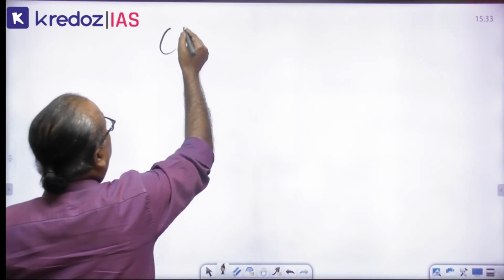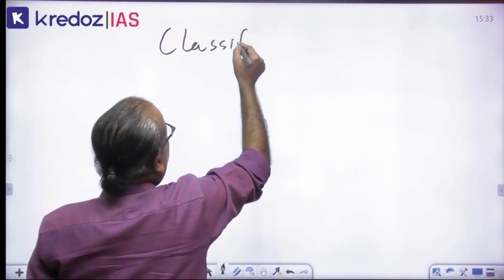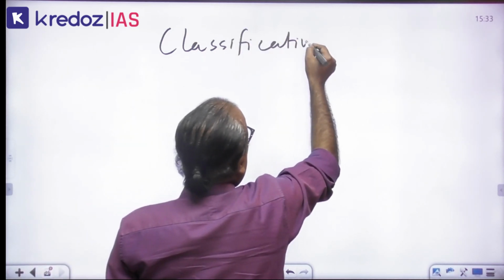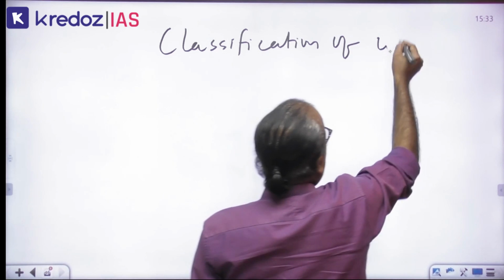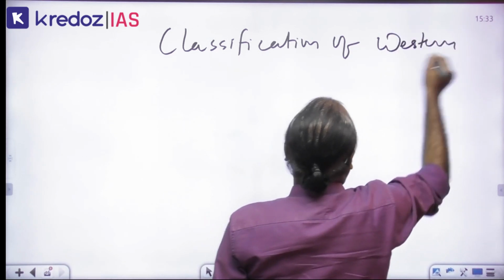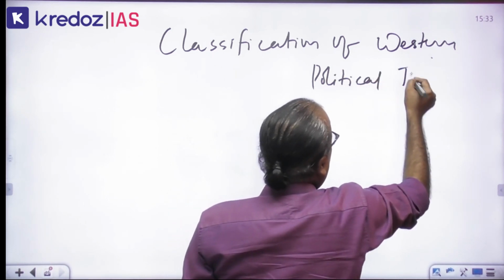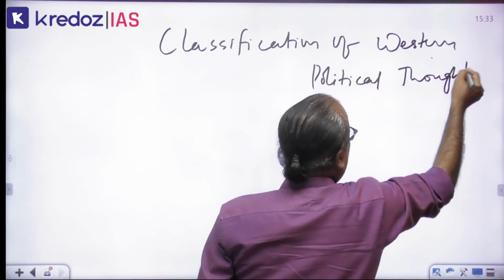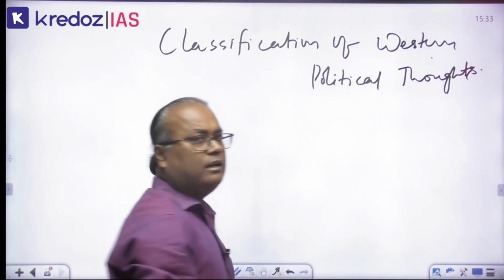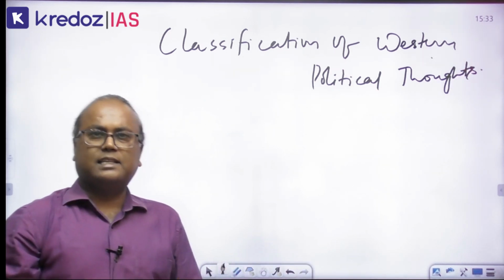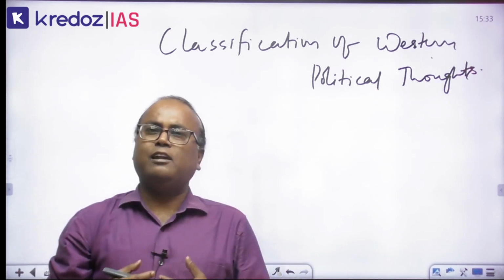Then we will go for the classification of Western political thought, and this is one of the important parts. Western political thought is classical, medieval and modern.